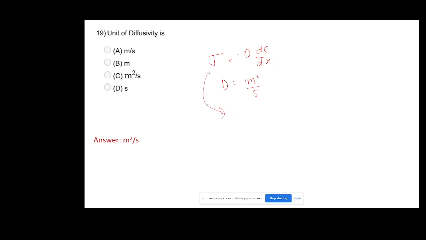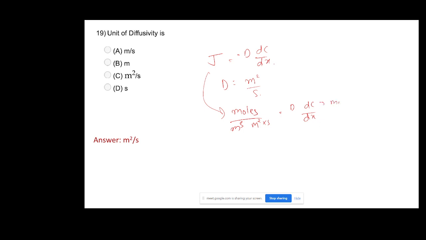The unit of J here will be moles per meter cube, and there will be one more area and time, equals dC by dx.